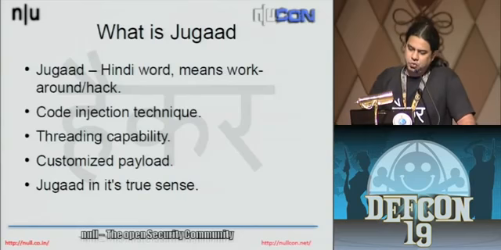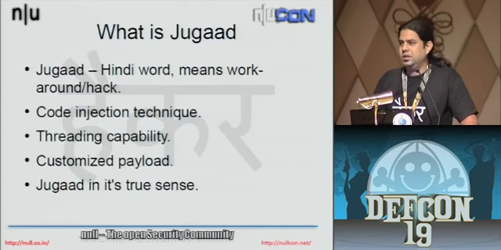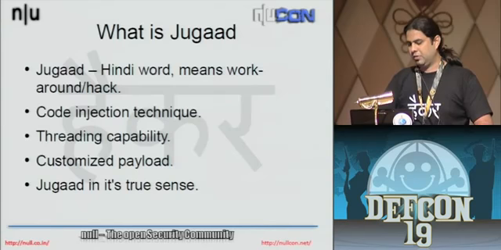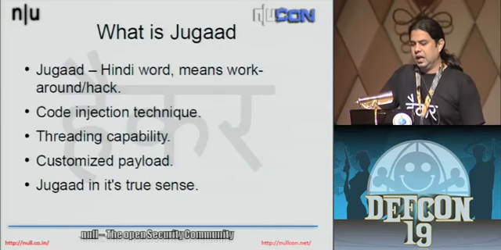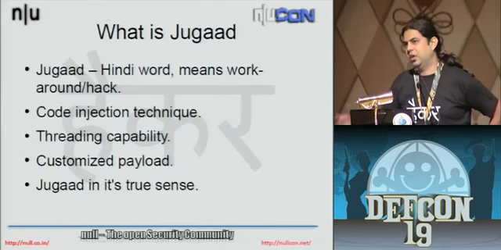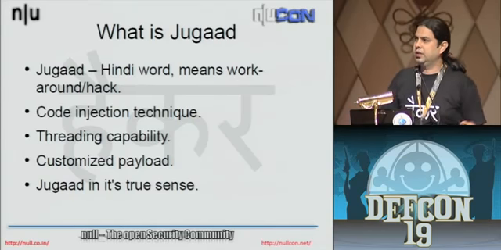Okay, so Jugaad is a Hindi word which means a workaround or a hack. Which is evident from what we have been doing with this library. So it basically gives you a framework wherein you can inject your own customized payload as a thread inside a remote process.